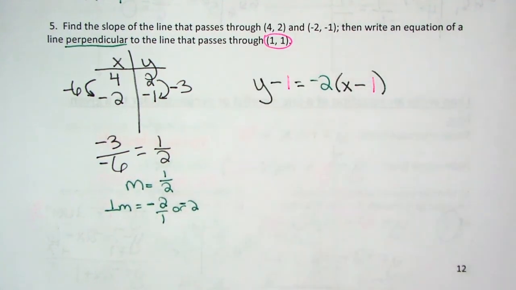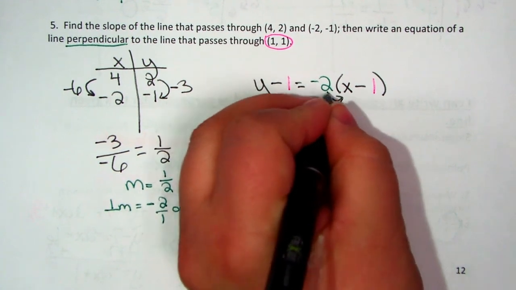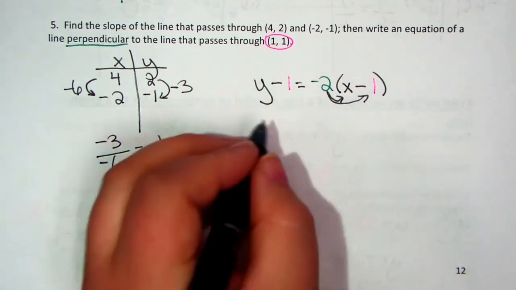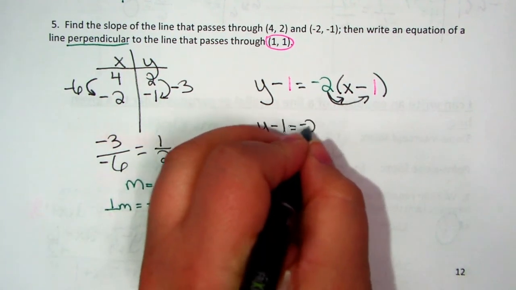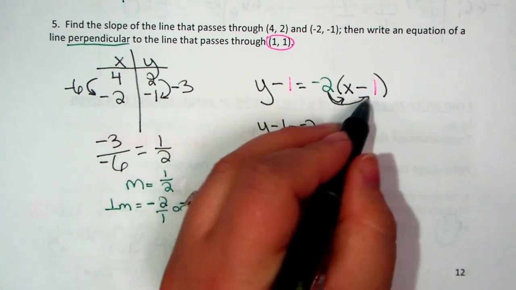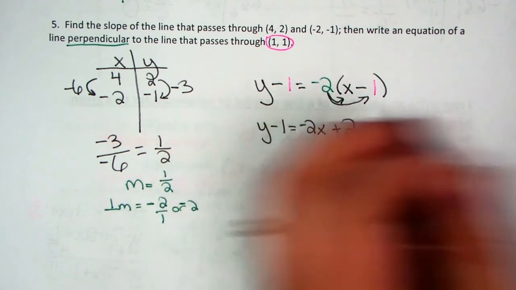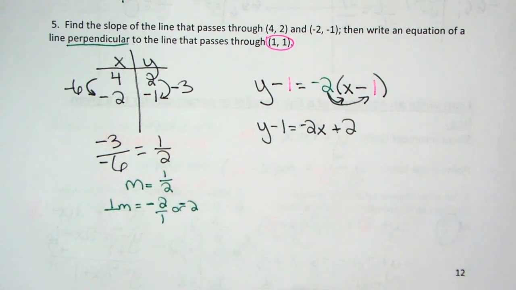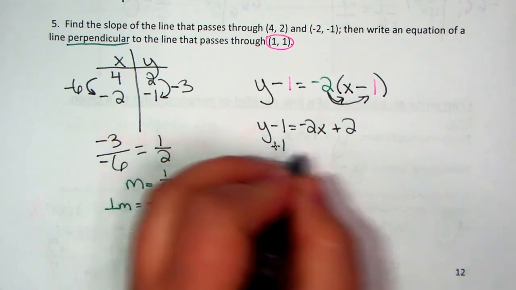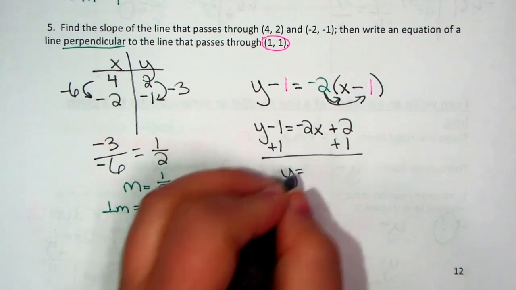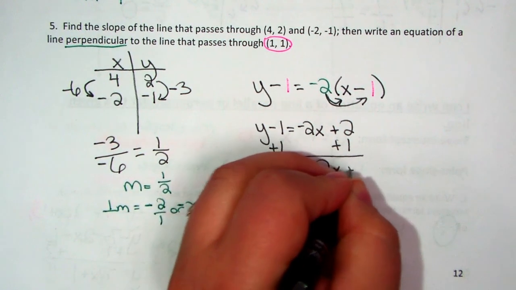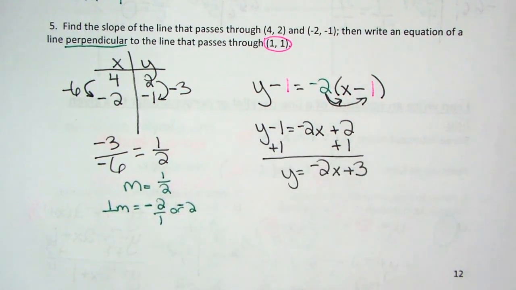So let's distribute. Y minus 1 equals negative 2x and positive 2. Now we just have to move that 1 to the other side by adding it. So I have y equals negative 2x plus 3. Now you can get started on your assignment.